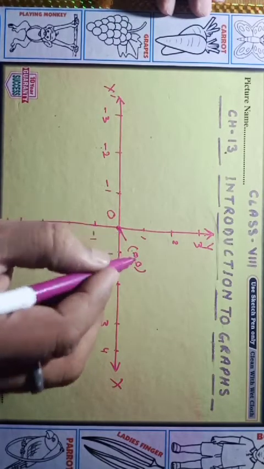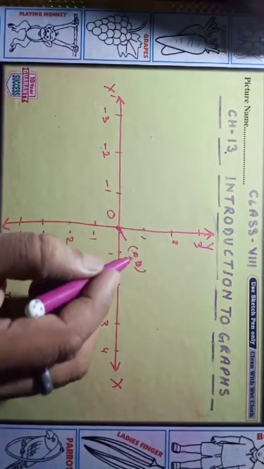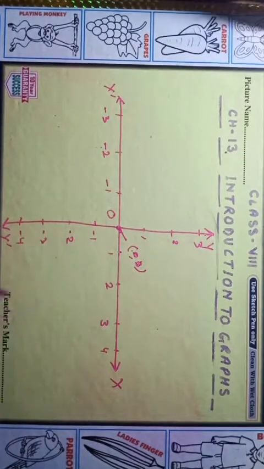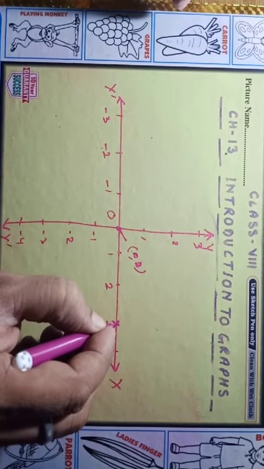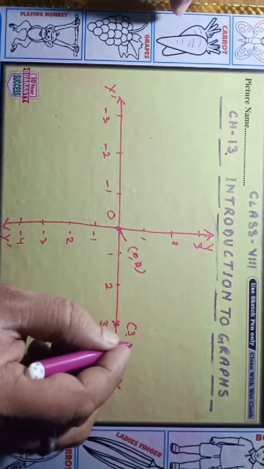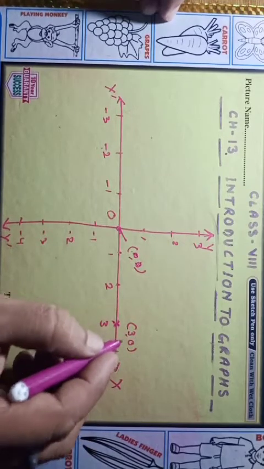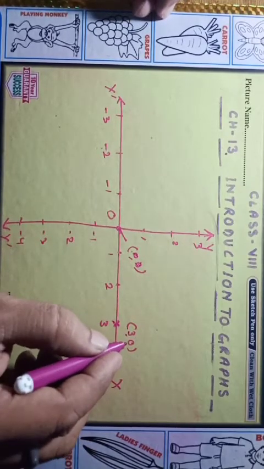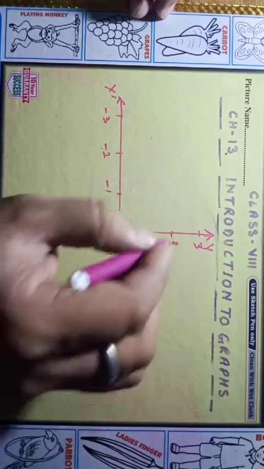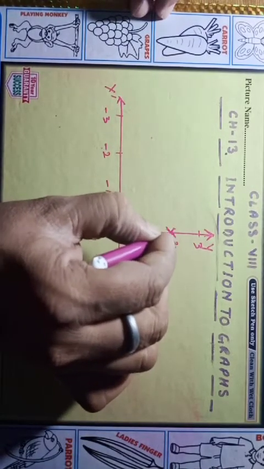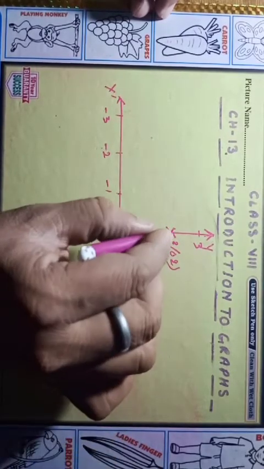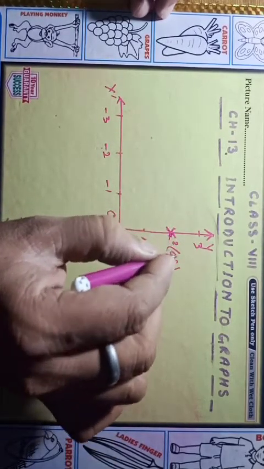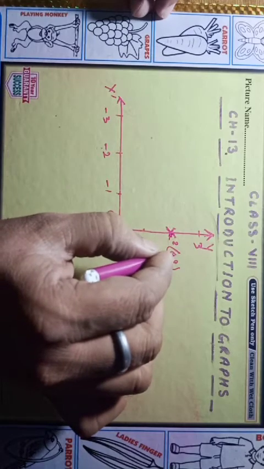Suppose a point lies on the x-axis, for example (3, 0): if a point lies on the x-axis, its ordinate is 0. If a point lies on the y-axis, for example (0, 2), its abscissa is 0.